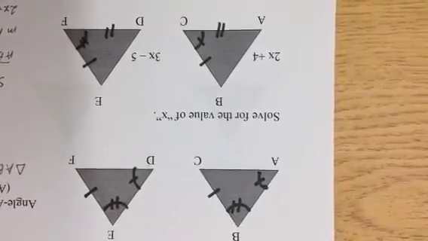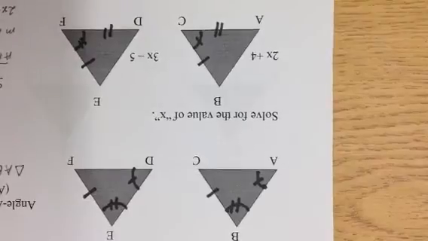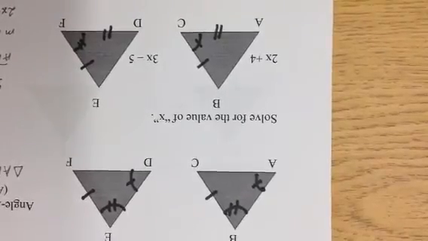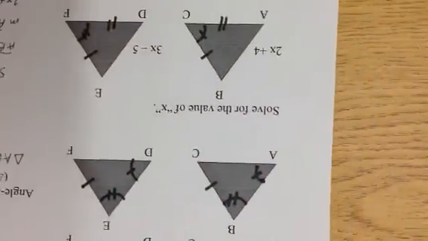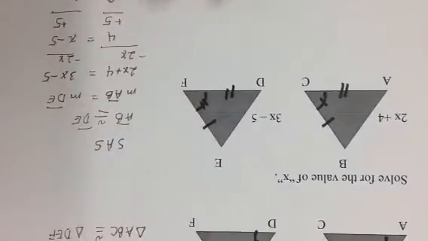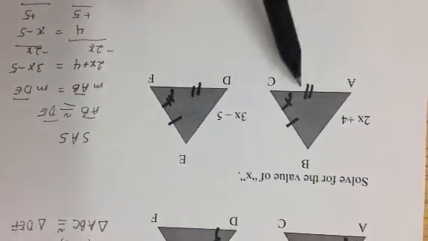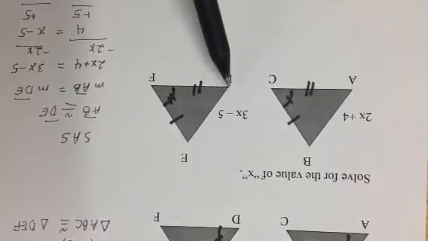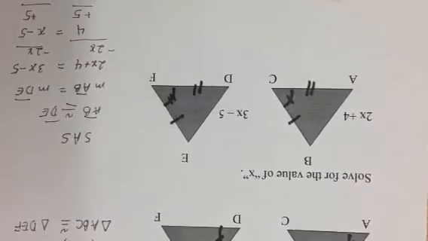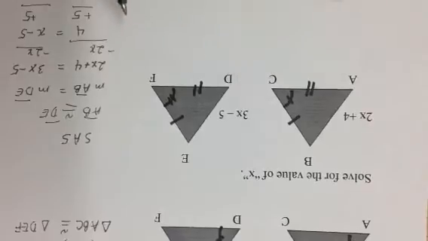In the next example, we're going to solve the value of the side. But we always start off by solving for x first. I'm not sure if I showed all this, but here are the two triangles. This is side AB is congruent to side DE because we have shown that the triangles are congruent.